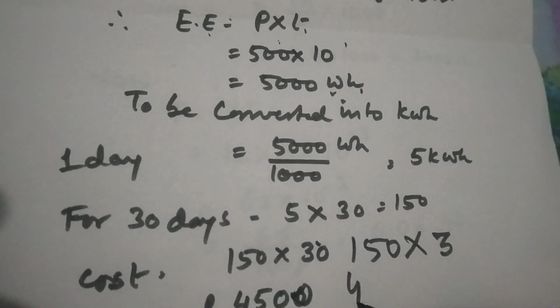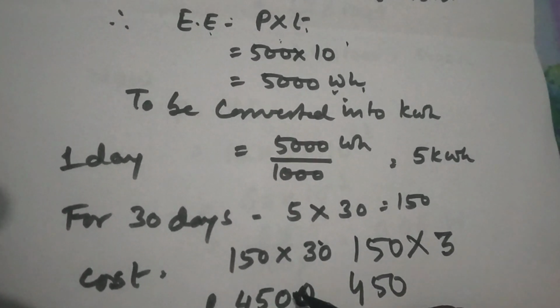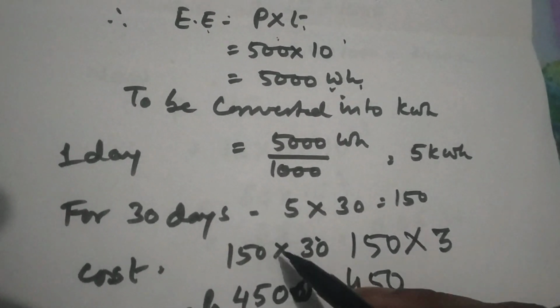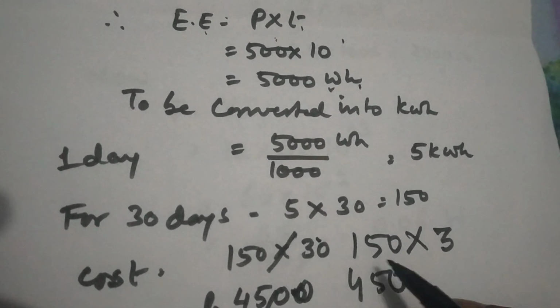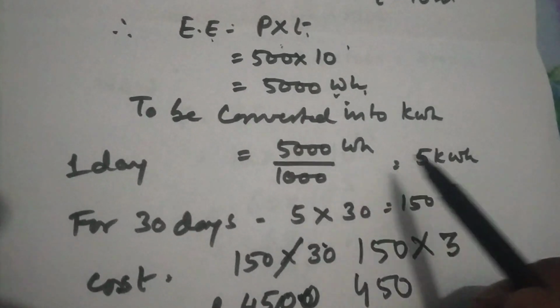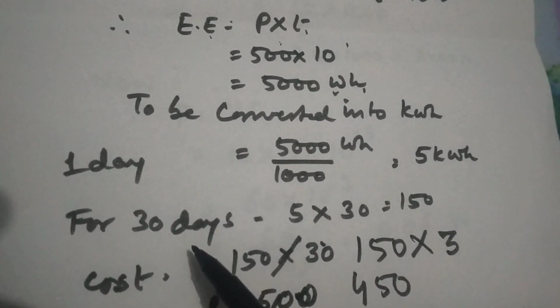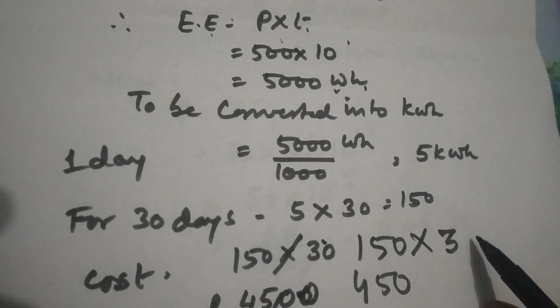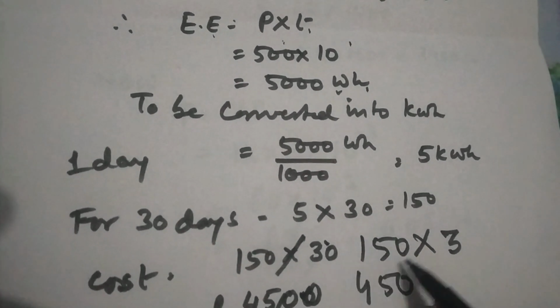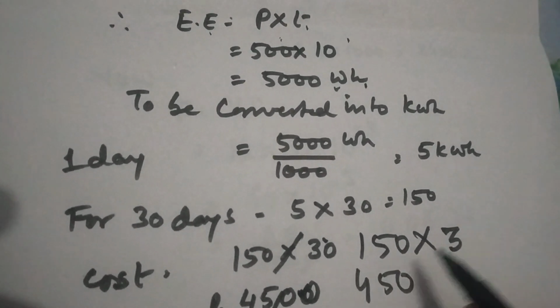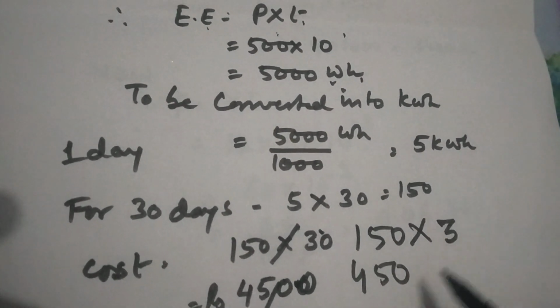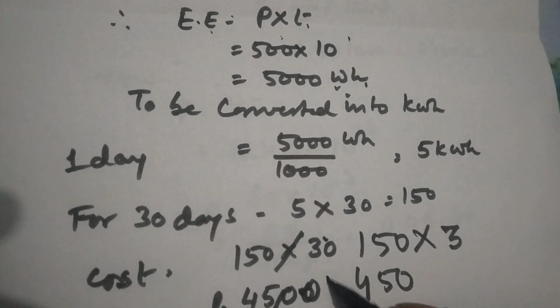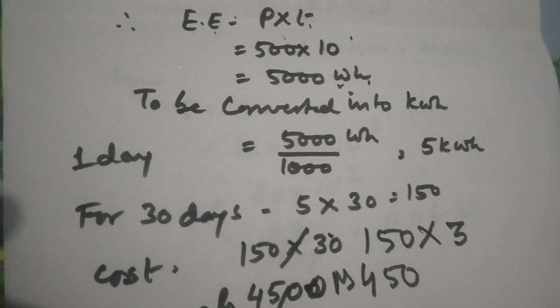So how much money do you get? 450 rupees. So just understand here that for one day it is 5 kilowatt hour, for 30 days 150, and the cost becomes, you have to multiply this kilowatt hour with 3. So if you multiply 150 with 3, how many rupees do you get? Rupees 450.